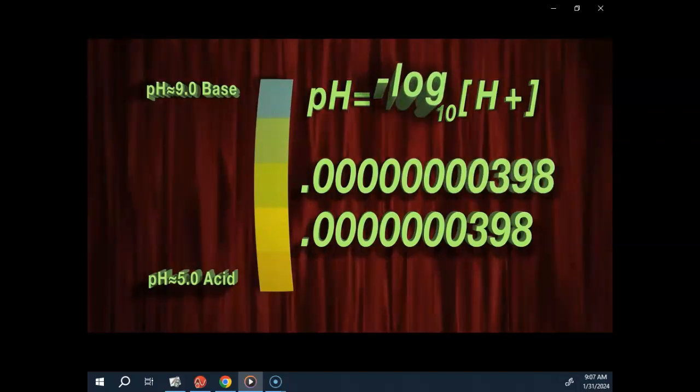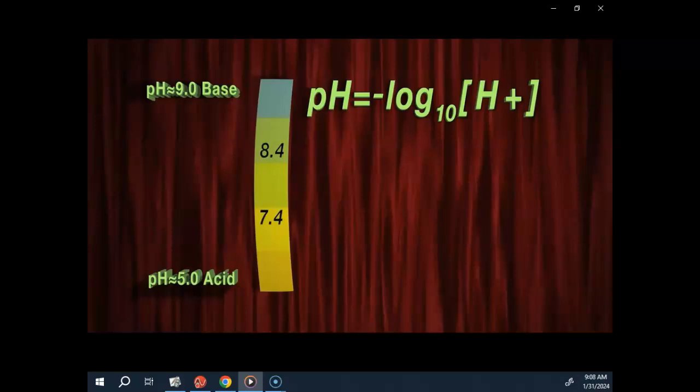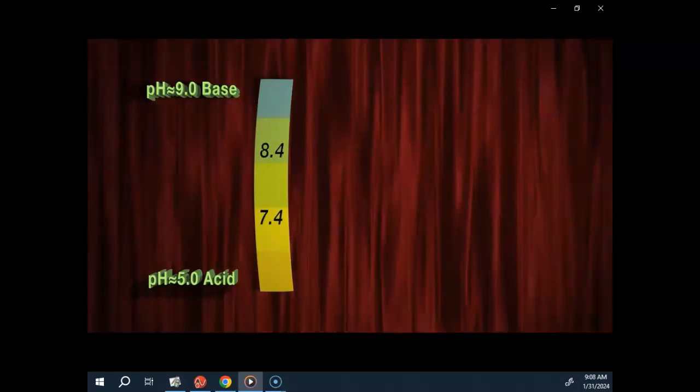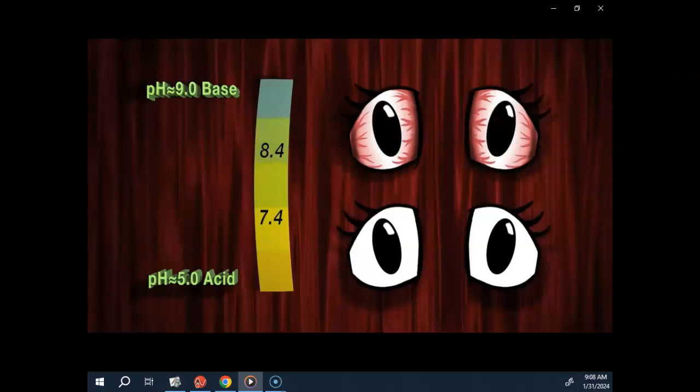Quickly on a calculator, punch negative log of each of those numbers, and you'll see the pHs are 7.4 and 8.4. Since the tears in our eyes have a pH of about 7.4, the H+ concentration of 0.70398 will feel nice on your eyes, but the pH of 8.4 will make you feel itchy and red.